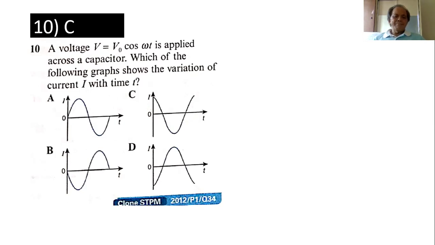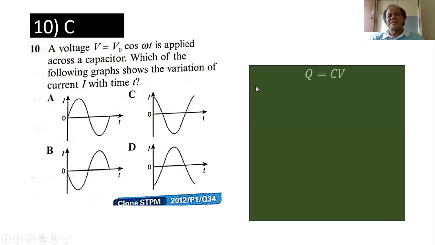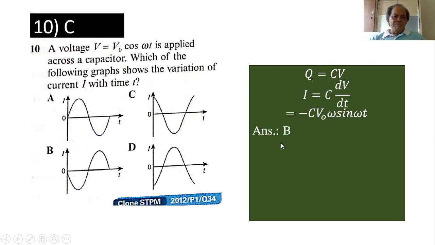Look at the answer. Right? Q equals to CV. Can either differentiate it if you want to, and then get the equation. Right? Your V is this one. Differentiate it, you get sin. Okay, so it's B.